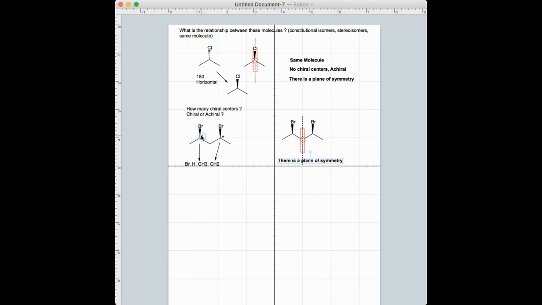And therefore, even though this molecule do have 2 chiral centers, because there is an element of symmetry in the molecule, we can say that this molecule is achiral.